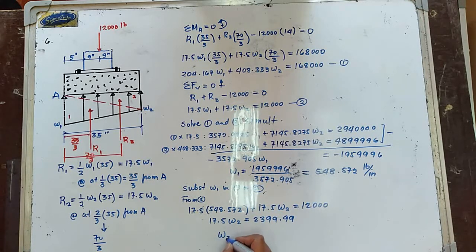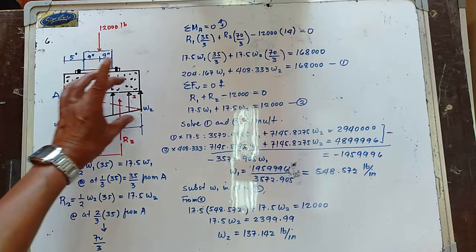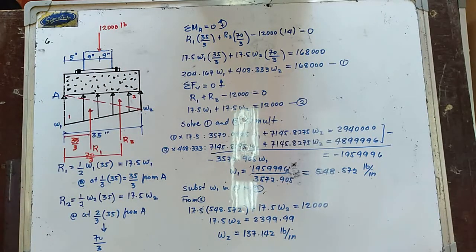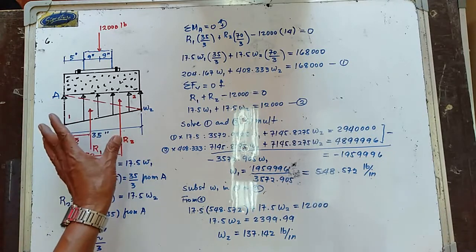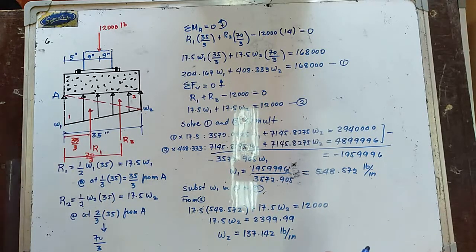So your W2 is 2,399.99 all over 17.5, which is 137.142 pounds per inch. So that is the value of intensity W1 and intensity W2 acting at the base of the wall footing.